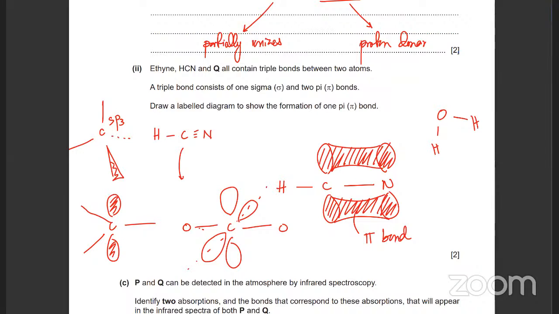No pi bonds means there's no electron left to form a pi bond, so that's sp3. One pi bond is sp2. And if it's making two pi bonds, then that one is sp. In this case, it's not making any pi bond, because for a pi bond you need a double bond. So no pi bond, so this one is going to be sp3.